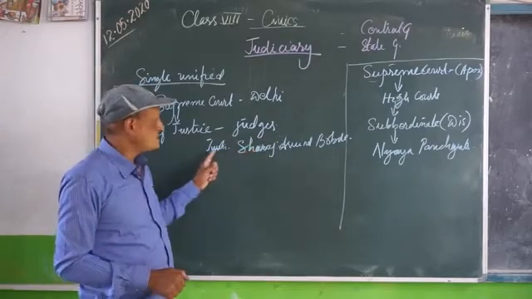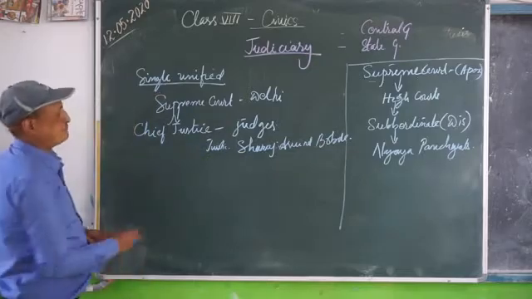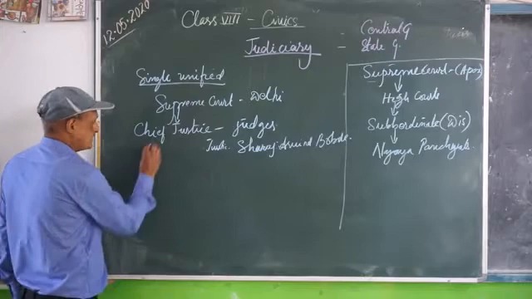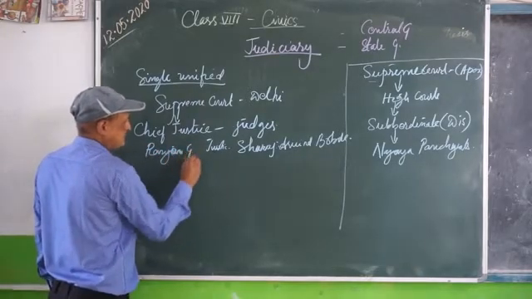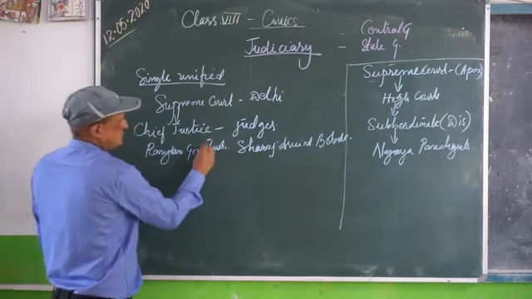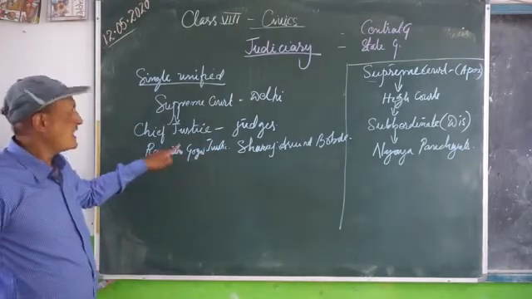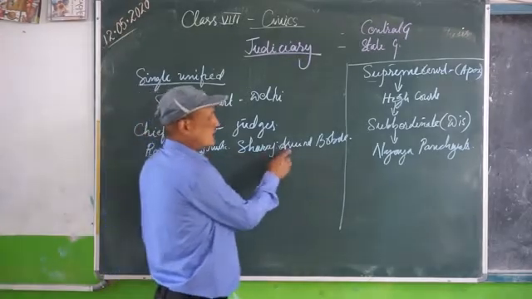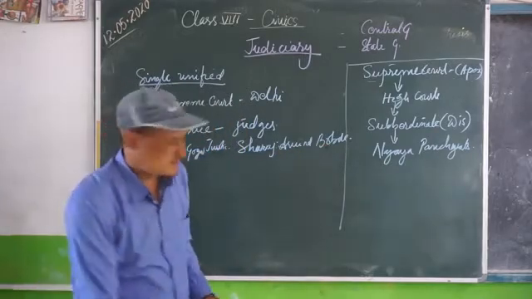Before him, the former Chief Justice was Ranjan Gogoi. So he was the Chief Justice till November 2019. After he retired, he was succeeded by Chief Justice Sharad Arvind Bobde. Okay, please keep this in mind.